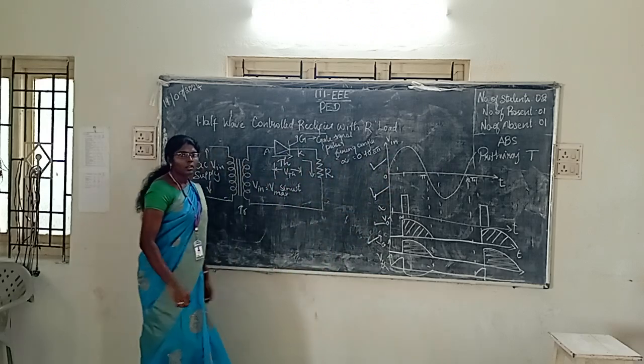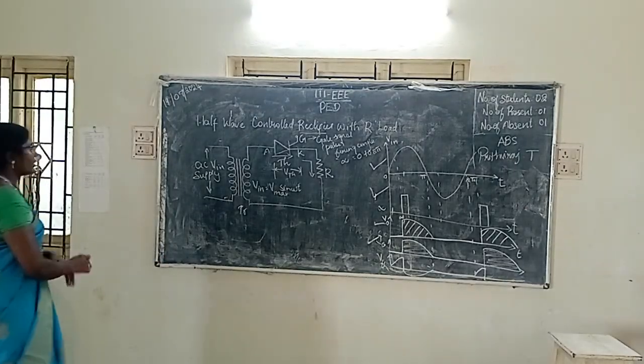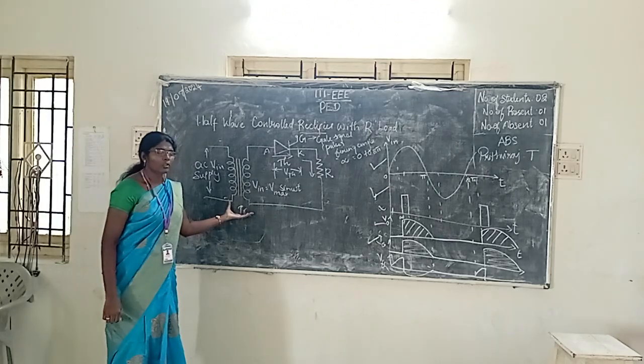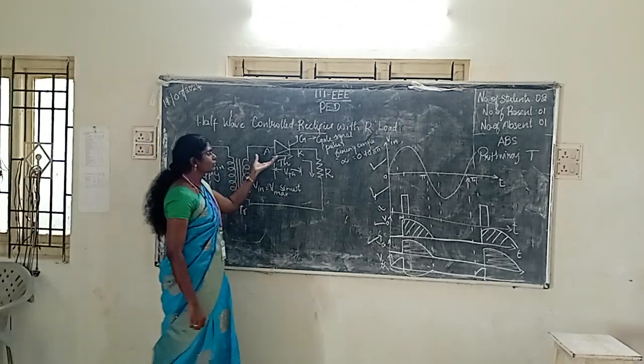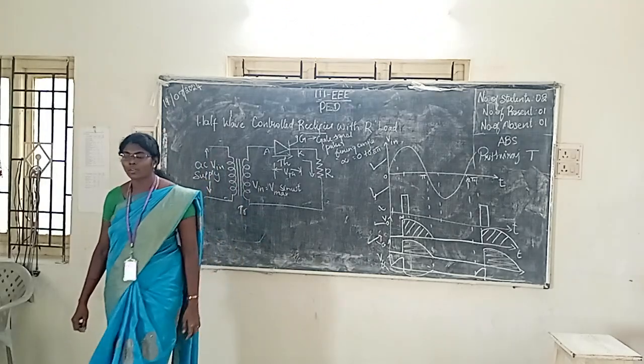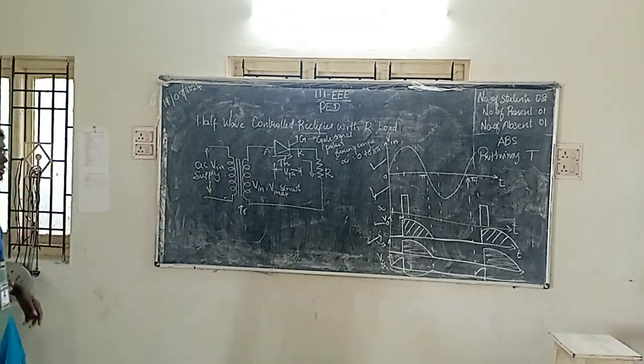Initially we have to say that the half-wave controlled rectifier's input AC supply is given via a transformer. The AC supply will flow through the anode to the thyristor. One thing you also have to remember: the transformer should step down the voltage.